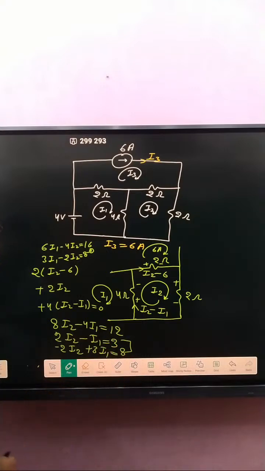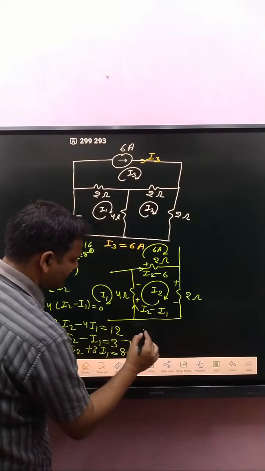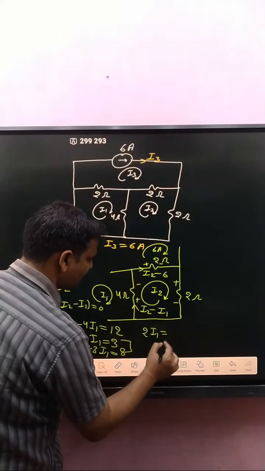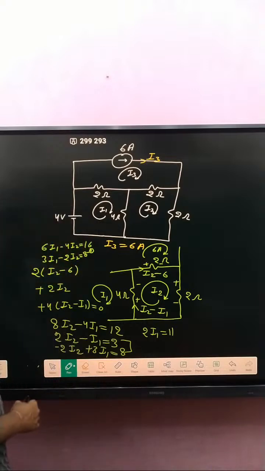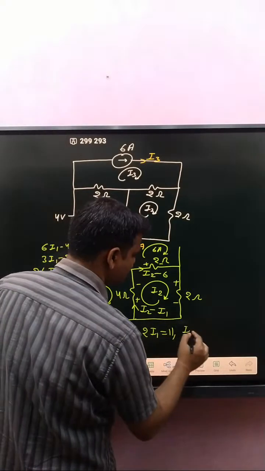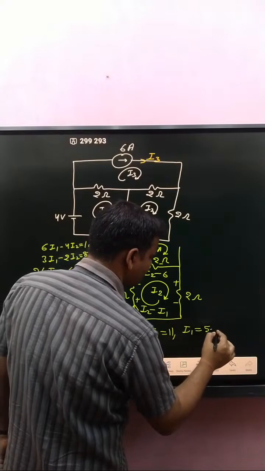If these two are added, then we get 2 I1 is equal to 11. So I1 is 5.5 ampere.